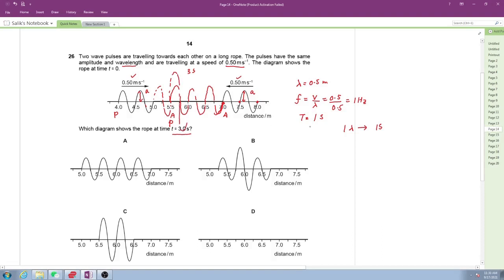So we can say that 3 seconds later, when both the waves from the right and left travel in their directions, the crest combines with crest and trough combines with trough, and that causes constructive interference.